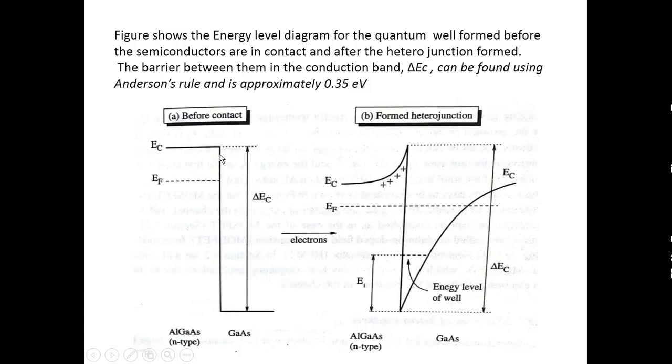So this is the gap between the conduction band and valence band. The band structure here shows the conduction band for the aluminum gallium arsenide and for the gallium arsenide. This is the band gap energy, the conduction band offset, that is delta Ec. Okay, so we will see that one.